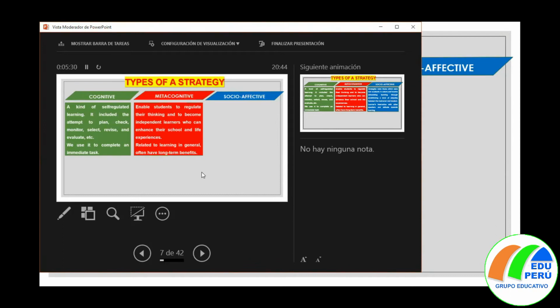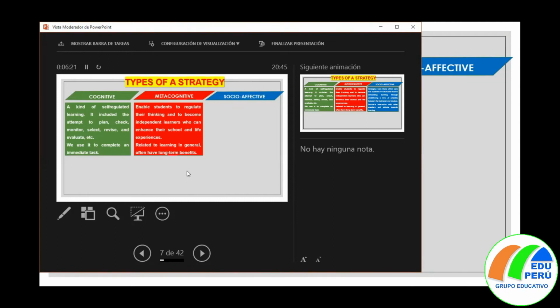It's a kind of reflection, and it makes a student a more independent learner. And not only something related to learning, it also involves their own life, their own experiences. As you can see here in the second part, it is related to learning in general, and it often has long-term benefits. Notice the purpose of this strategy is to make your students more independent. And what about the socio-affective strategies?